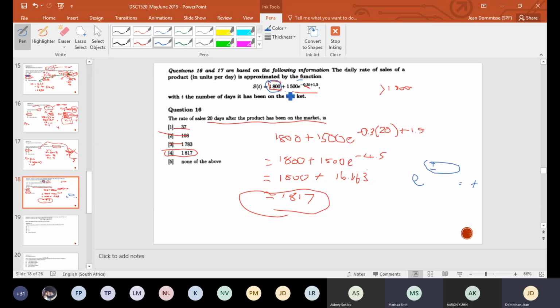So if that was a negative, then I would have said my answer must be smaller than 1,800. And then it could have been any one of the other three. So it all depends on the plus or minus in front of the term after the constant, but e will always be positive. Okay, makes sense. Thank you.